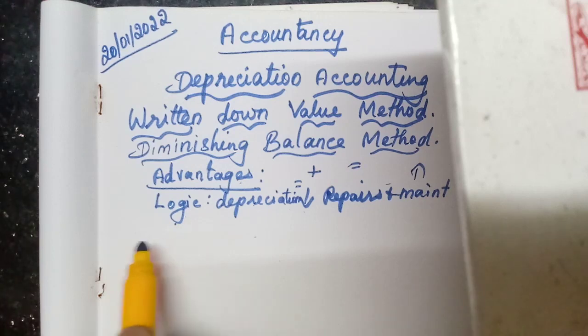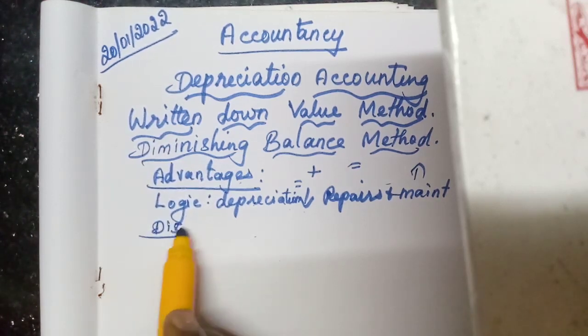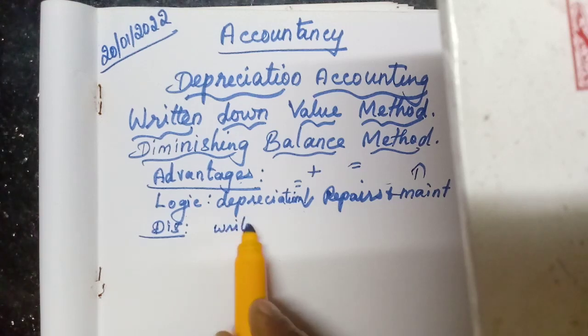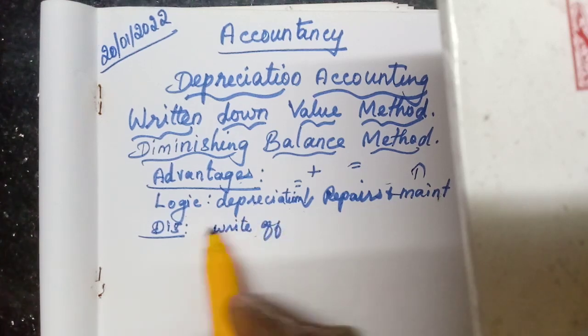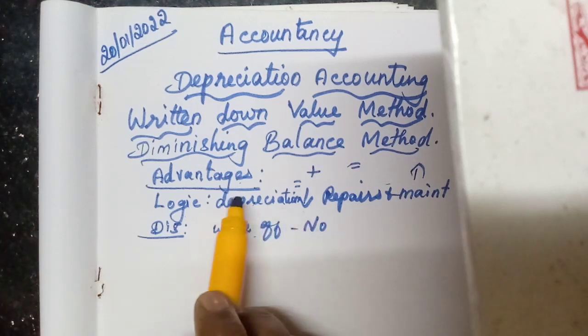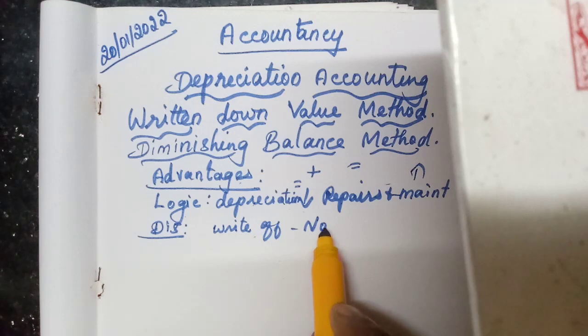Okay. Then, what is the disadvantage? The main disadvantage is that we cannot write off the asset completely. Okay, we cannot write off, but here in the original cost method, the asset will be written off fully, zero.